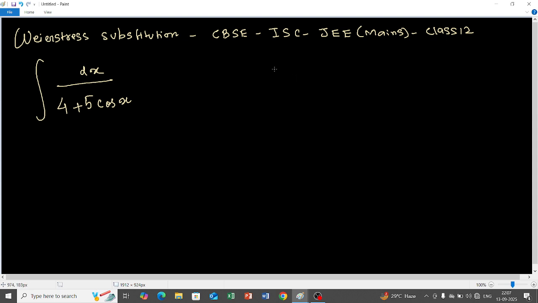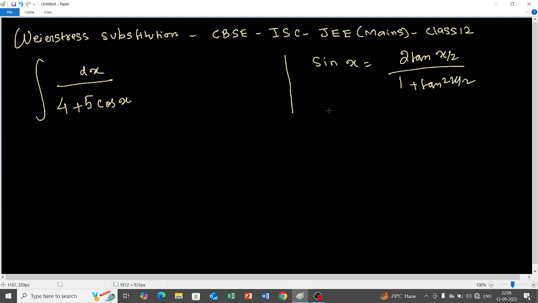Before we move on to the substitution part, we have to remember some trigonometrical submultiple formulas that we have done in class 11. One is sin x equals 2 tan x by 2 divided by 1 plus tan square x by 2.